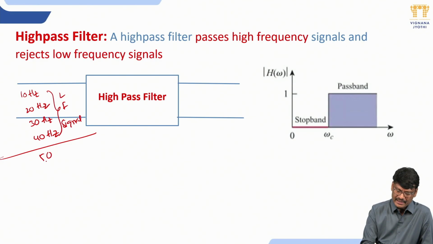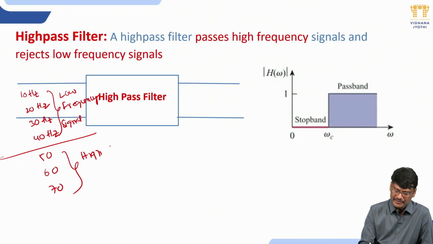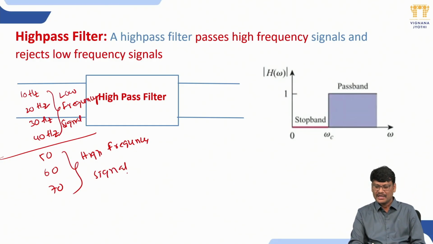Now here 50, 60 and 70 are high frequency signals. I will categorize these signals into two groups: one is low frequency, and one more is high frequency signal.